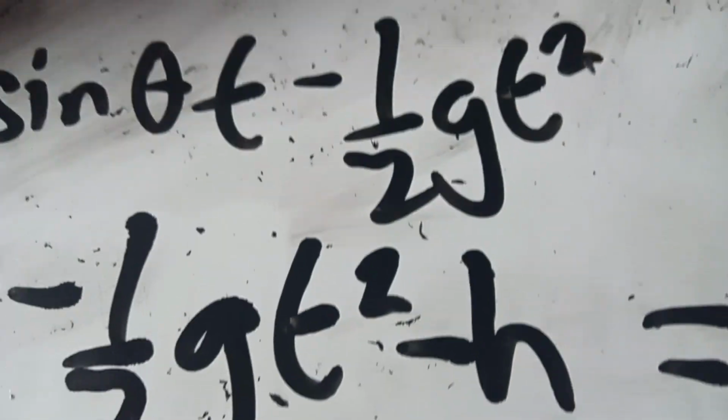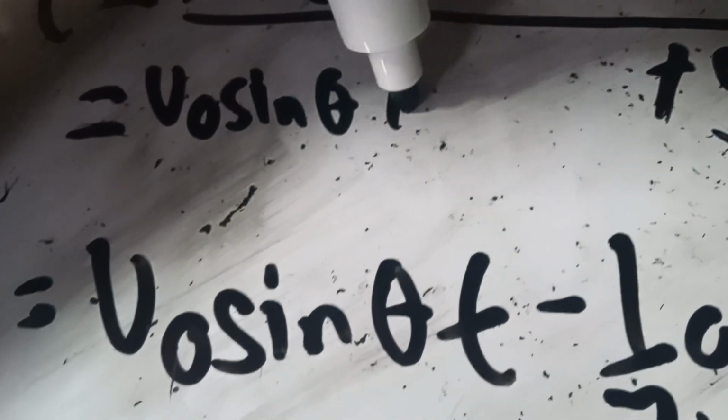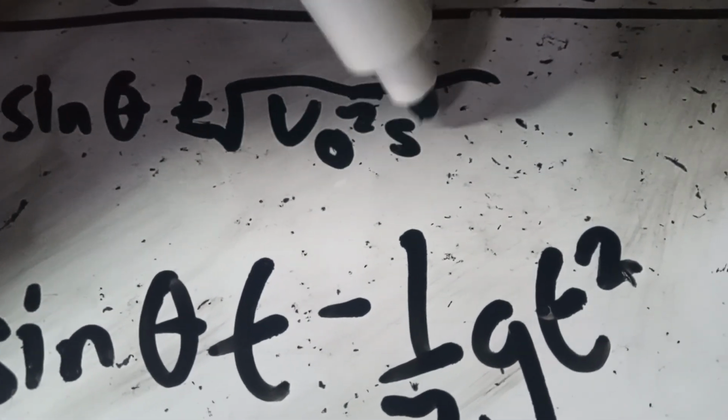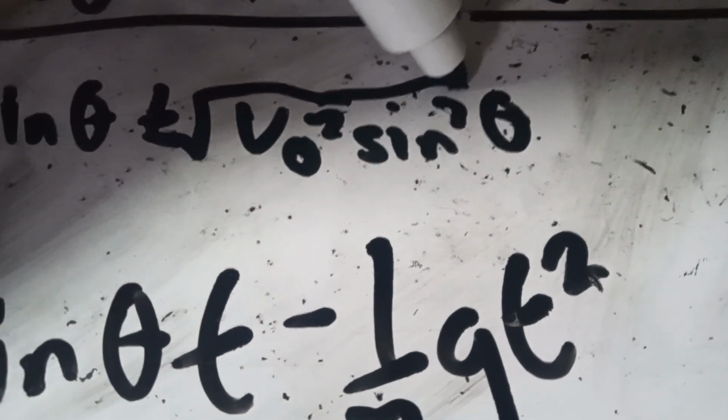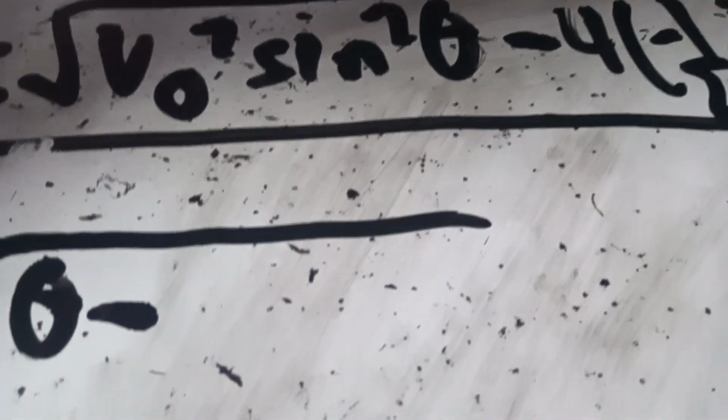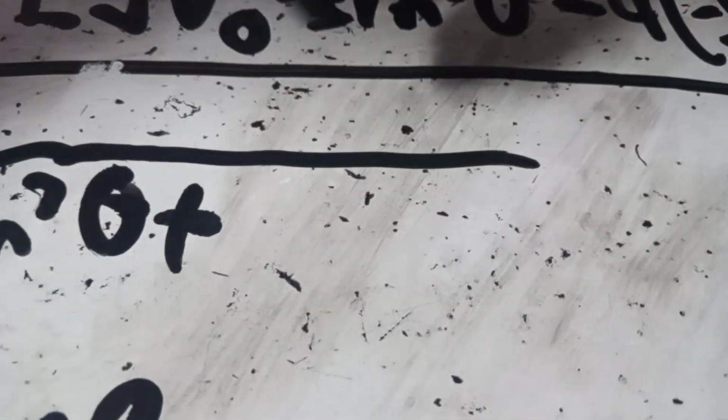So we will get v naught sine theta plus or minus the square root of v naught squared sine squared theta minus, simplifying this, that's minus 2gh.